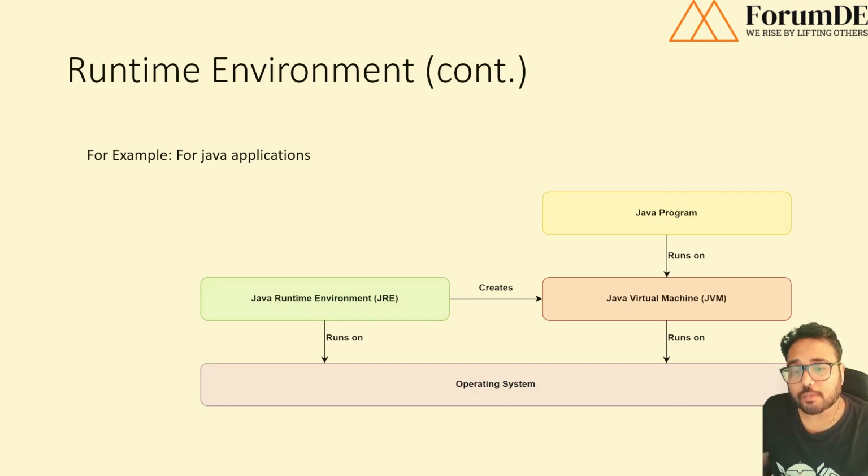This Java virtual machine has everything that is necessary to run that particular Java program, and thus the Java program runs and does what it is supposed to do, and all of this happens on the operating system. So one can understand how this Java virtual machine provides the runtime environment for the Java program.